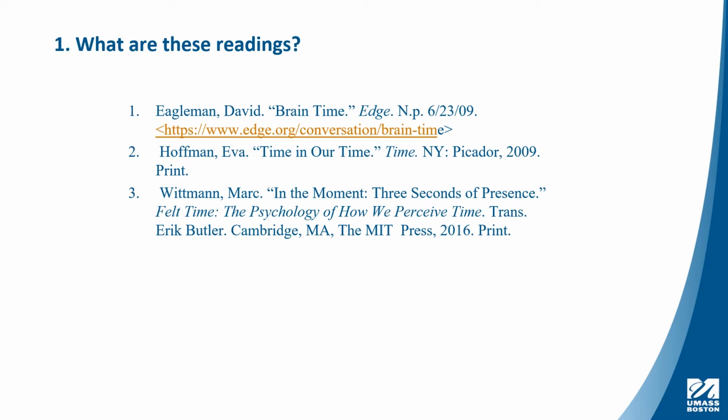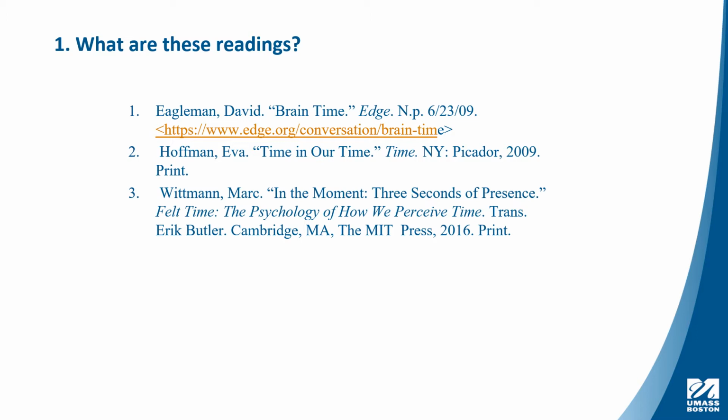First, David Eagleman is a neuroscientist and a professor at Stanford University. He wrote and presented a PBS series on the brain, and he's the author of 6 books and more than 100 articles.